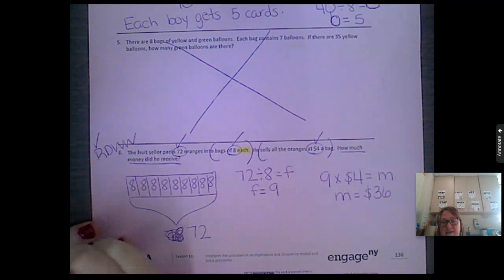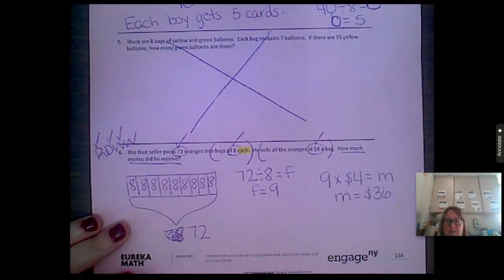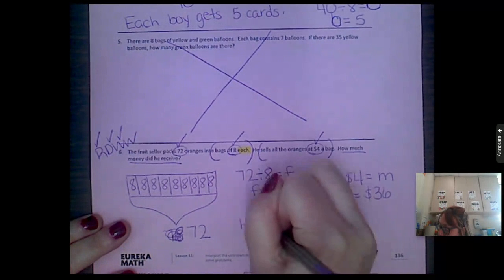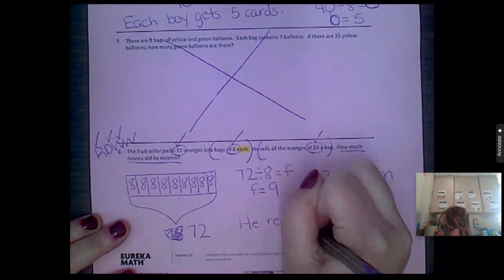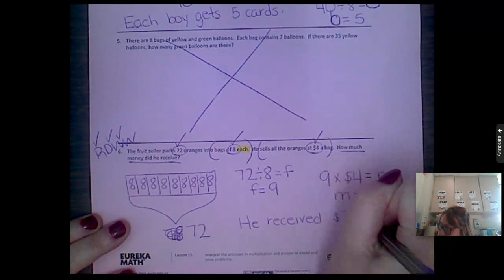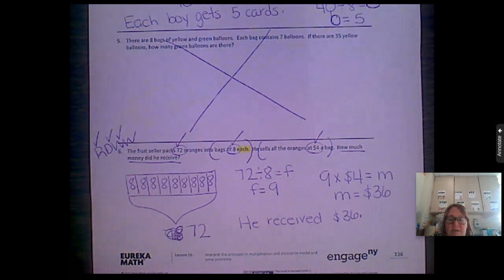That was a lot, right? So we did our D, we did our W, and what's left? Writing a word sentence. So how much money did he receive? He received $36, period.